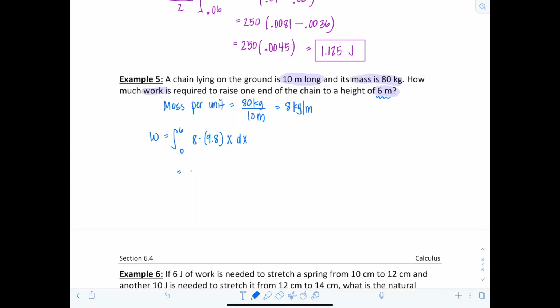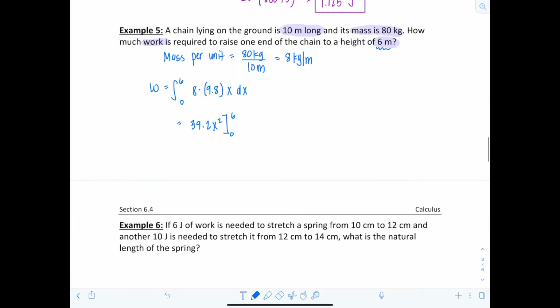And this is going to be 39.2 x squared, evaluated from 0 to 6, which is 39.2 times 36, so 1411.2 joules. Okay.